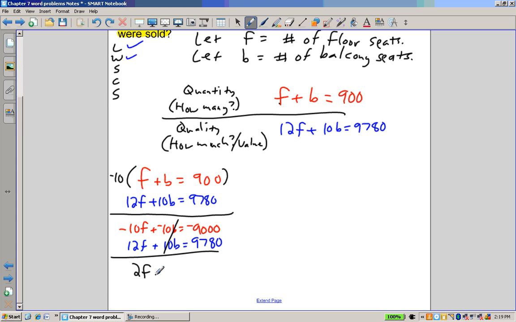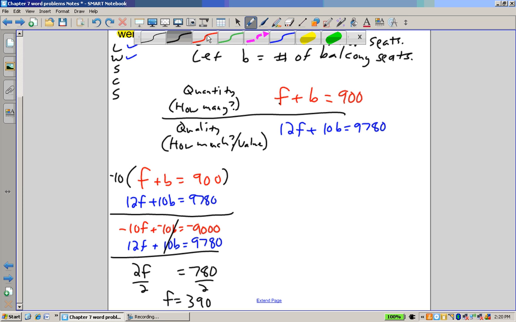Those b terms cancel out, add to 0. And 9,780 minus 9,000 gives me 780. So I just solve. Divide by 2, and f equals 390. So there are 390 floor seats.